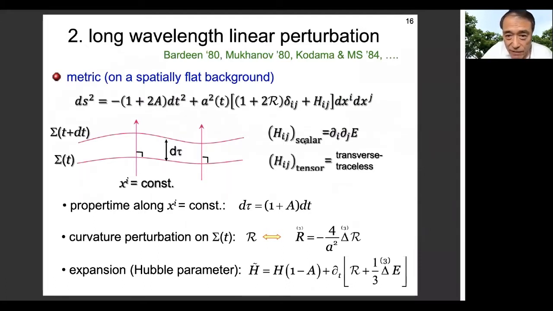This scalar means scalar with respect to three-dimensional space. For example, from the four-dimensional point of view, this A is the fluctuation of the g00 component, the time component of the metric, so it's a component of a tensor. But from the three-dimensional point of view, this is a scalar. So this A is a scalar perturbation. Similarly, this E is a scalar perturbation. Curly R is a scalar perturbation.